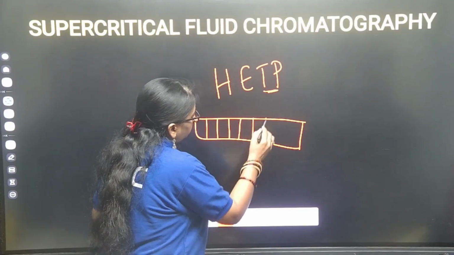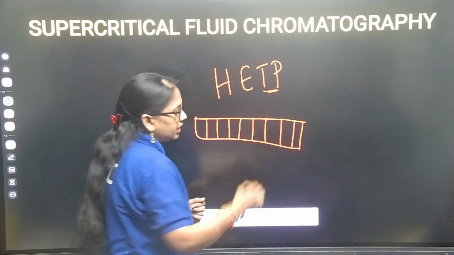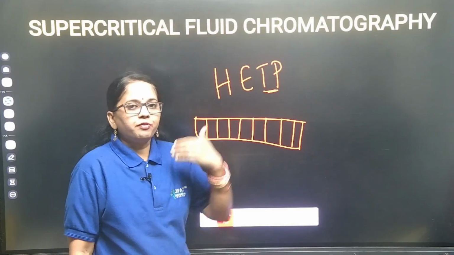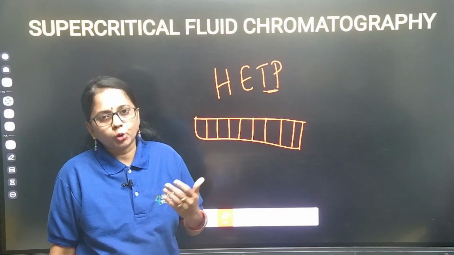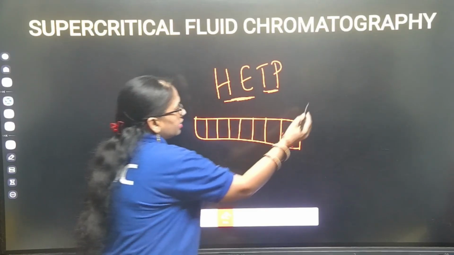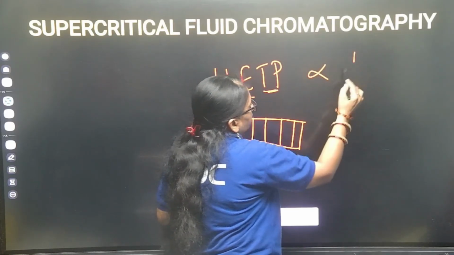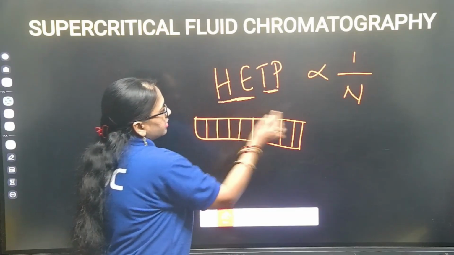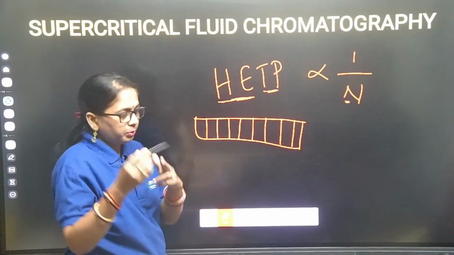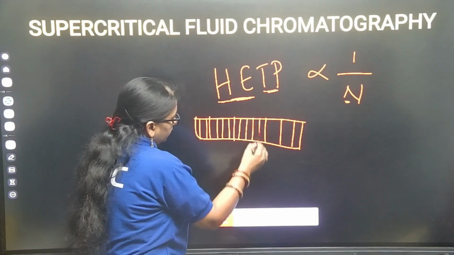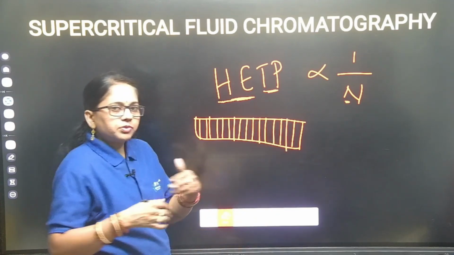Hypothetically, it is assumed that if the stationary phase has more plates, the efficiency of the separation is also going to be more. So height equivalent to theoretical plates is inversely proportional to the number of theoretical plates. If the height is very small, that means the number of plates is going to be more.